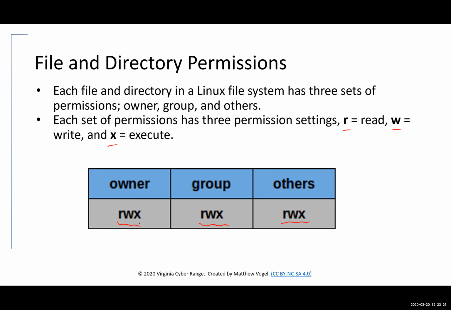I can add the execute permission, and that won't do anything for me, because if it's not a program that the system recognizes as an executable program, then I won't get that permission. So why, when I create a file, don't I just get R, W, and X permissions for any file that I create as a user? The reason you're often not going to get an execute permission is because the file cannot be executed.